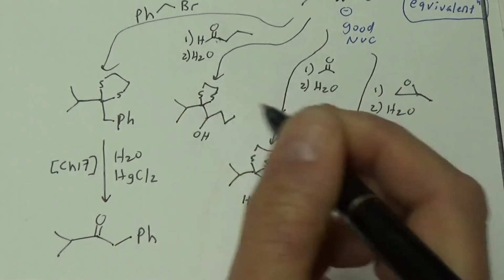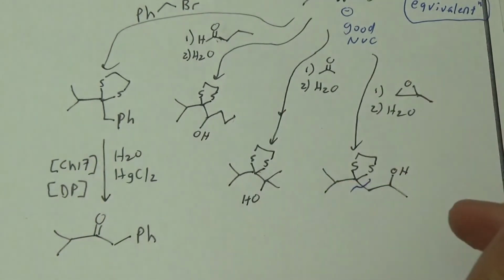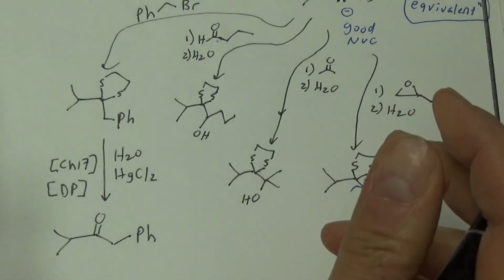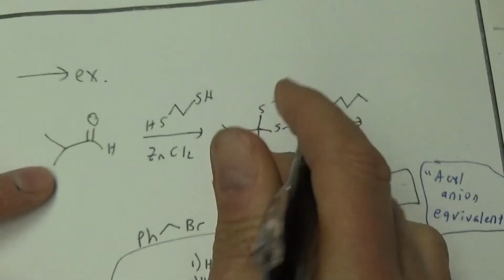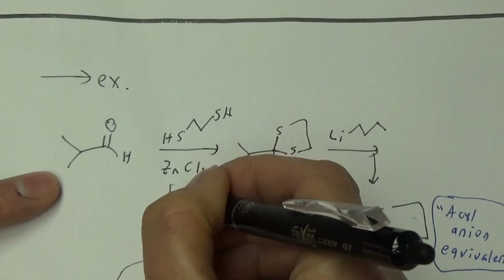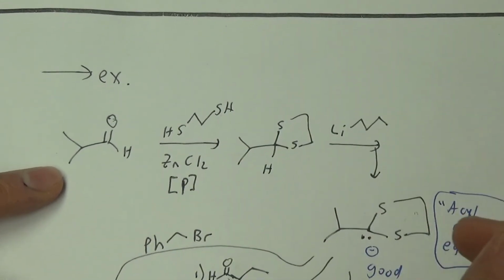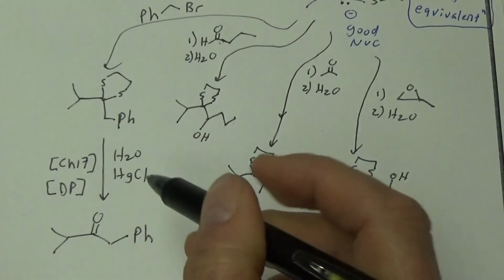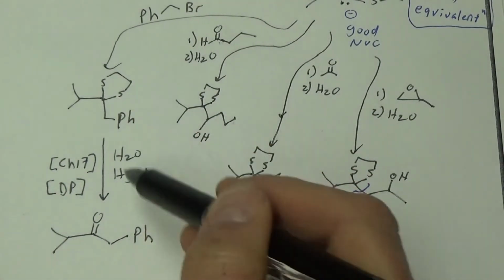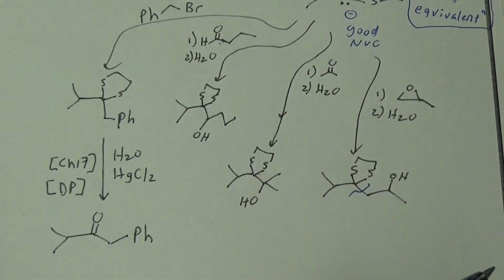So mercury chloride was kind of the deprotection conditions, DP, to take off a thioacetal. Water, mercury. And to put it on, it was zinc chloride. Sometimes we abbreviate that P for protect. Okay. Bracket P to protect, bracket DP to deprotect. We're kind of using this protecting group as our acyl anion equivalent.